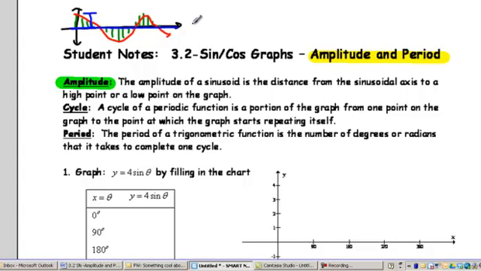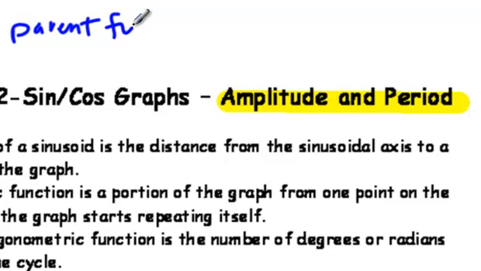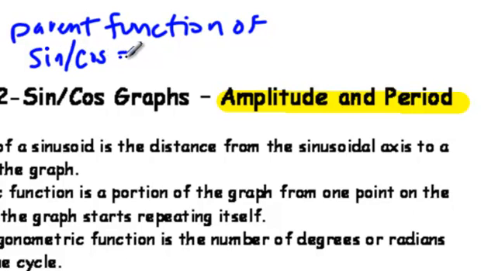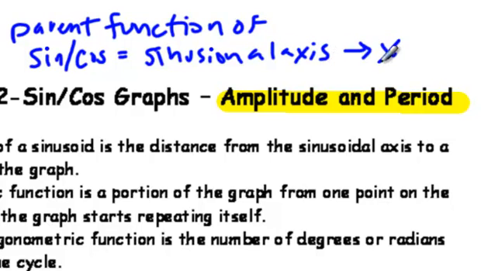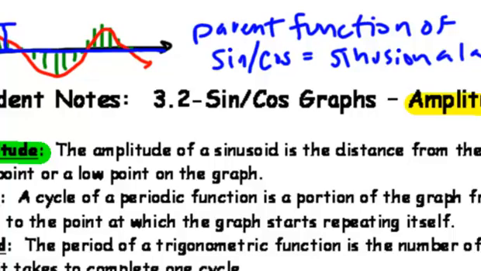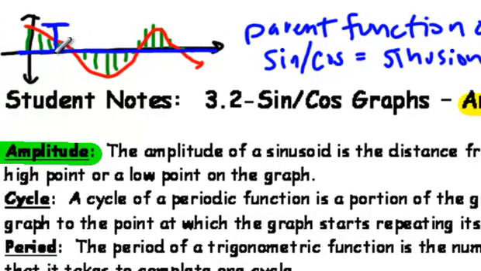And this would be true for the parent function of sine and cosine: the sinusoidal axis would be the x-axis. Okay, so it would be the distance from the high point to the middle, or you could do it to the x-axis down, either one.